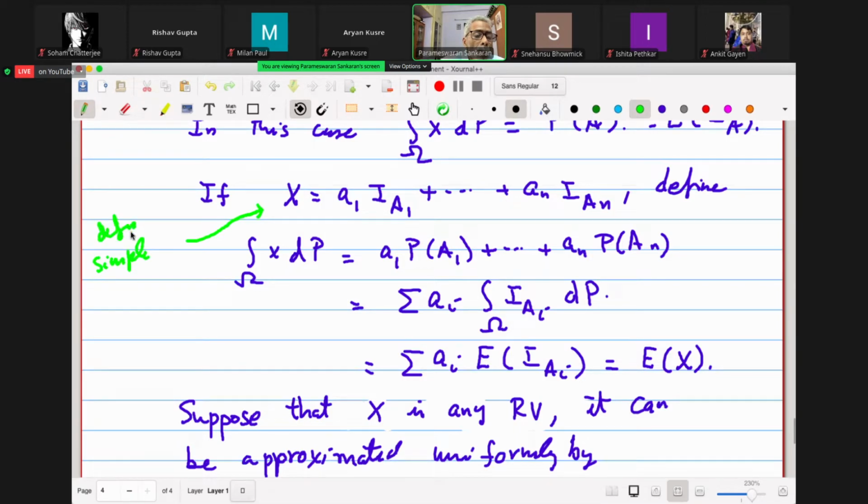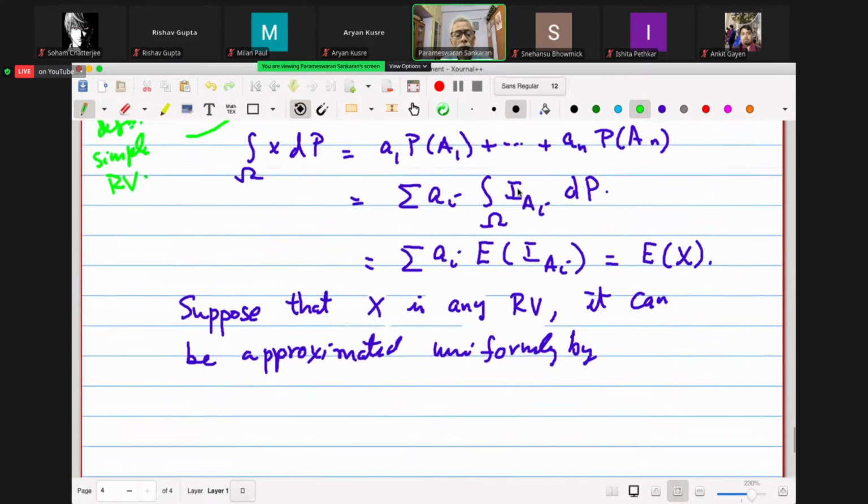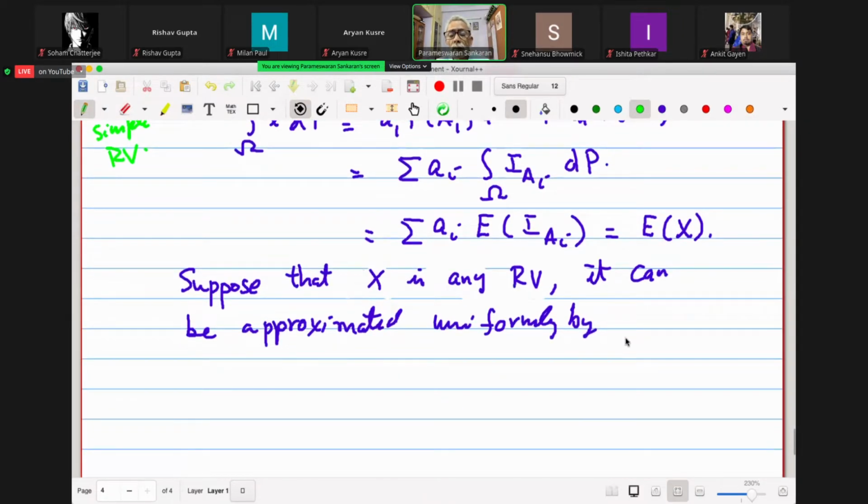Definition. A simple random variable is one which is a linear combination of these indicator functions of events. Approximated by simple random variables.